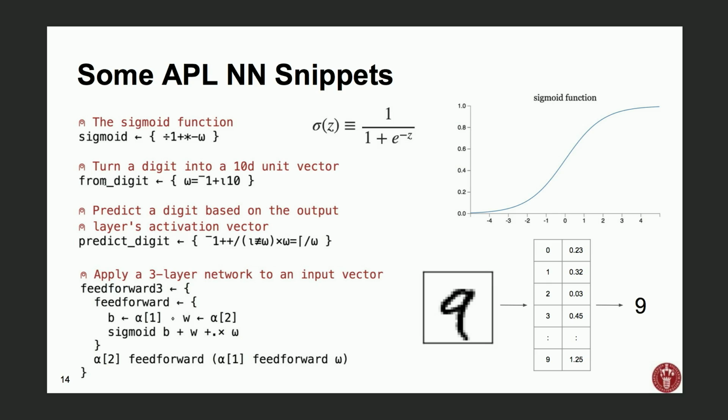Again, how we write the code is basically to use the dynamic function notation to write all the functions. So here's a sigmoid function, quite simple, written in APL. This is a function that looks like this.